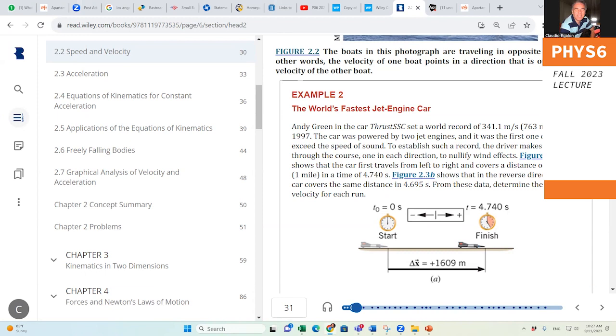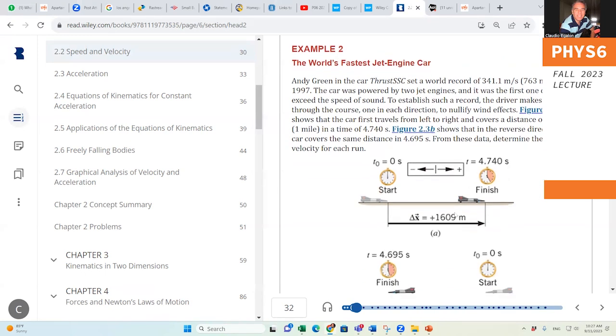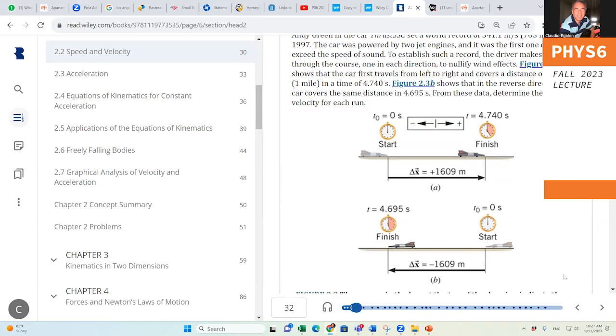Figure 2.3a, that's the figure here. So he went for one run, and he went for a second run. Now, the figure shows that in the reverse direction, the car covered the same distance. From this data, determine the average velocity for each run.